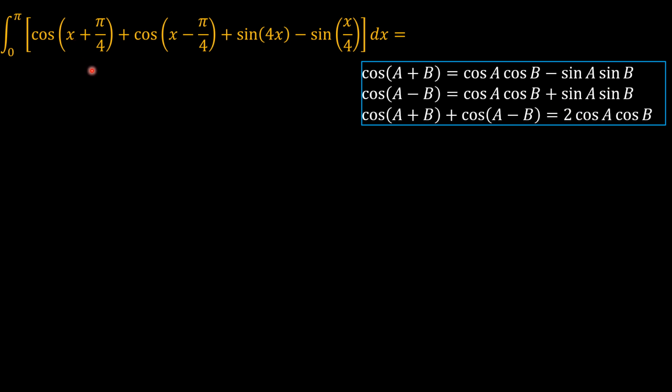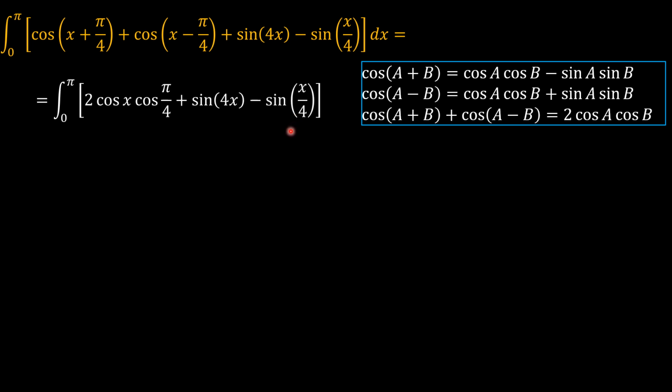So here what you would have is twice cosine x cosine pi over 4 plus sine 4x minus sine x over 4.